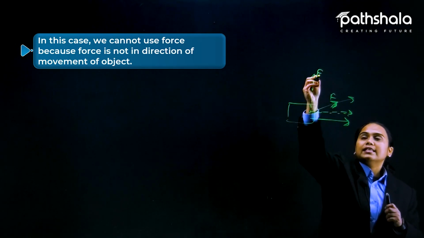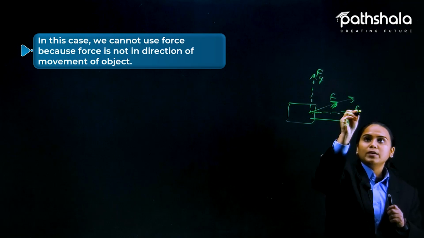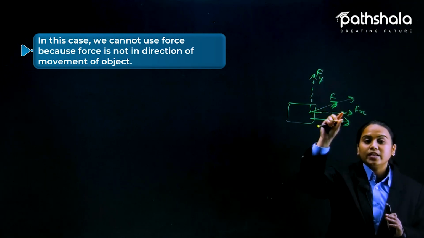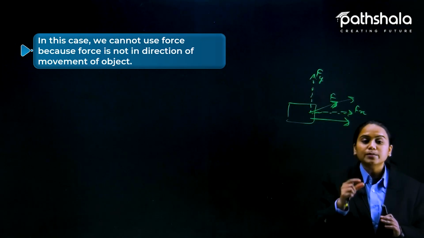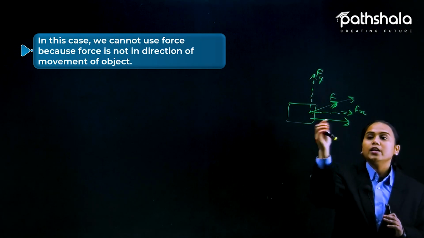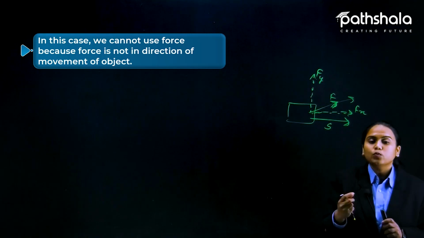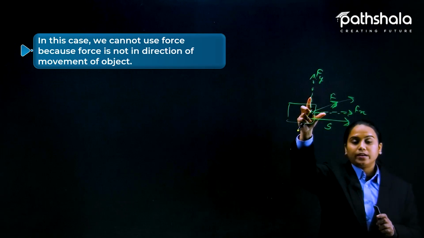We can call this the Fy direction and this the Fx direction. That Fx direction is the one responsible for the motion produced in this body. That is why we have taken two vectors here.